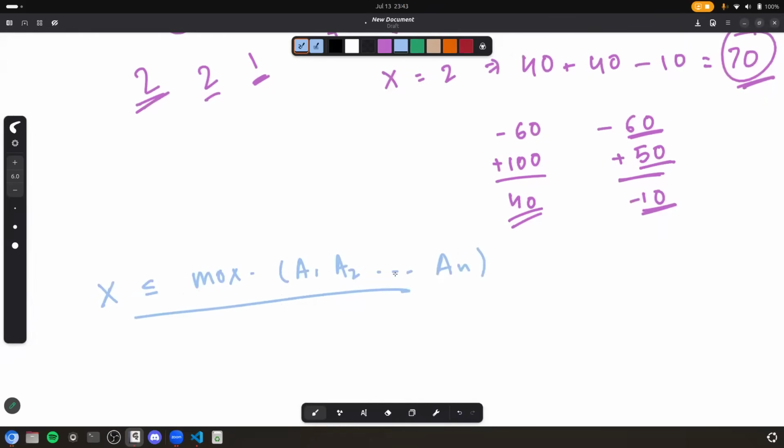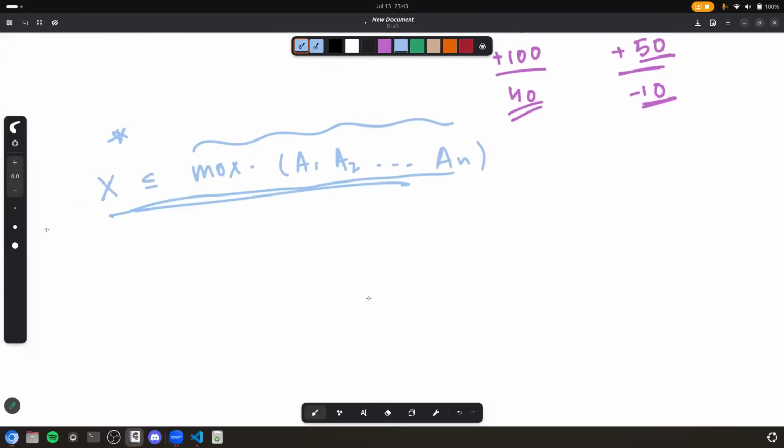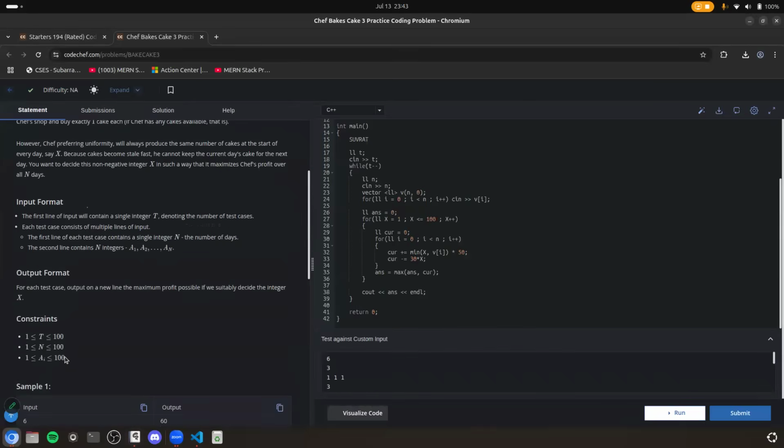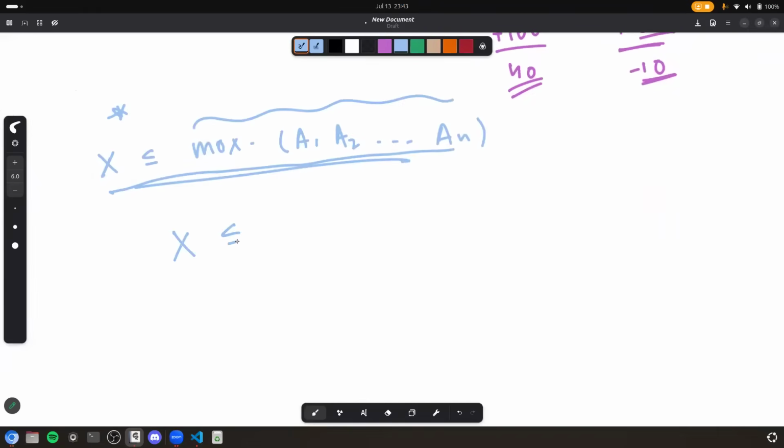Since the maximum we can sell in a day would be this, and if we make any more than that, then we would just waste. So X would be less than or equal to the maximum of this. This is the observation that we can use to solve, because the constraints allow us to brute force it. Since Ai is less than or equal to 100, X would also be less than or equal to 100.